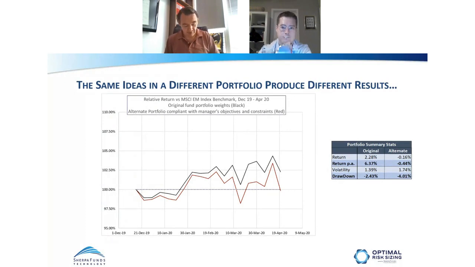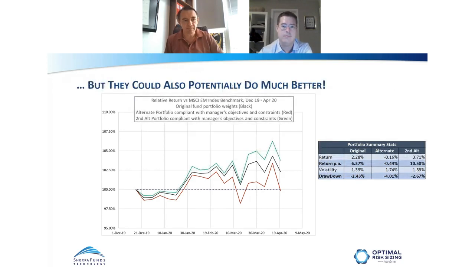It would be considered valid by the fund, by the LPs, by any other third-party way of looking at the portfolio. And it would have the red line you see on here, which, as you can see, over the 4 months returns nothing, but experiences quite a lot of volatility. You could also get the green line.